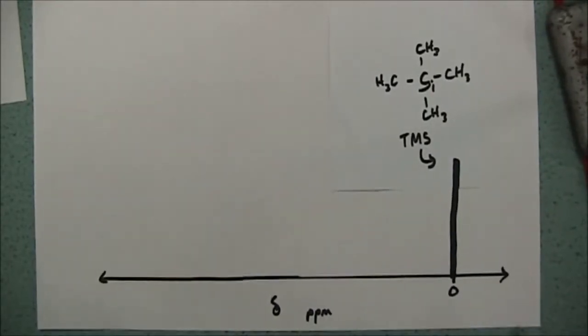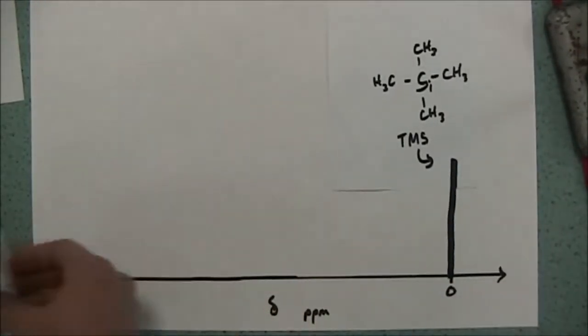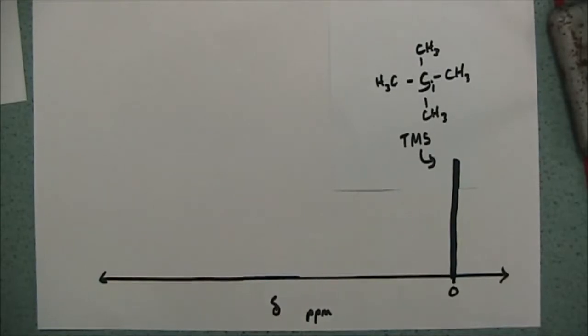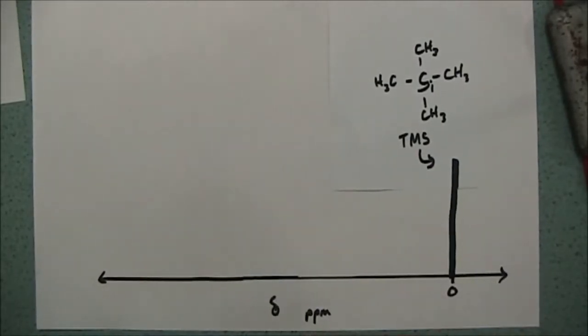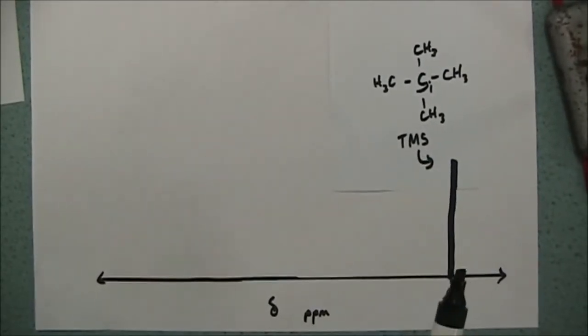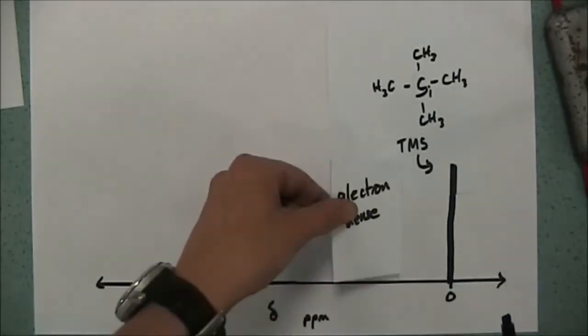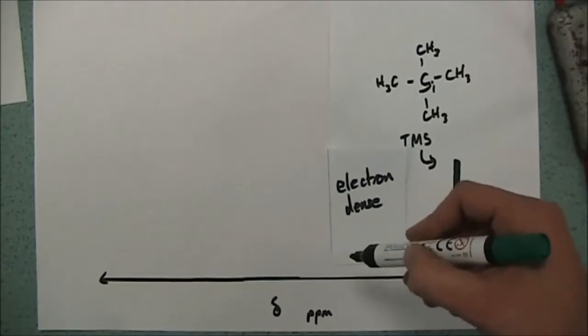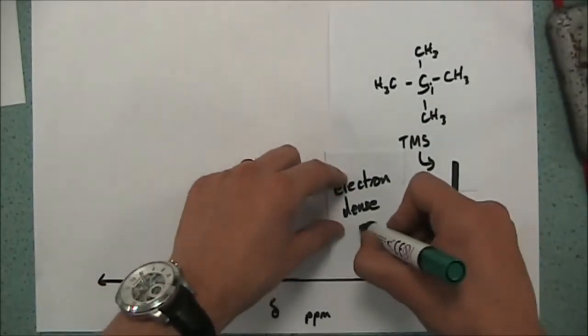Okay. Now the chemical shift of the rest of the molecule that we've put in will depend on how much electron density it's got around it. So electron dense atoms tend to end up here, and they'll give us a chemical shift in the graph up here, for example.